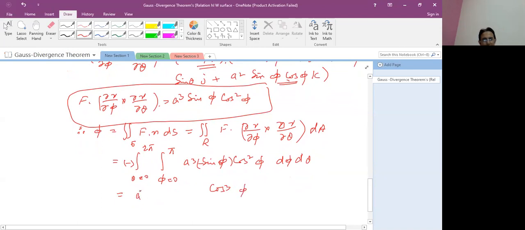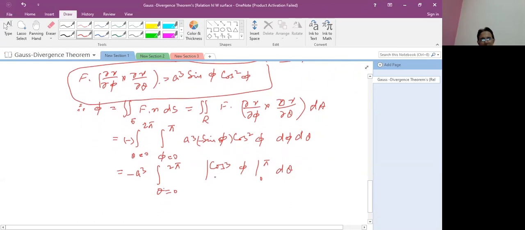A cube is a constant, so we write it before the integral, with the theta limit from 0 to 2 pi, and after integration we apply the limit 0 to pi. So cos pi is minus 1, cube, minus 1 into cos 0. Cos 0 is 1, so it is 1 into d theta from 0 to 2 pi minus a cube.